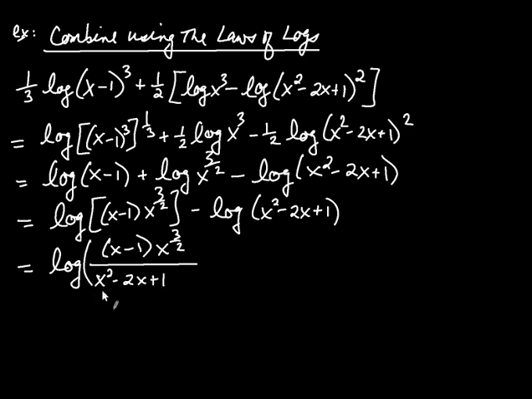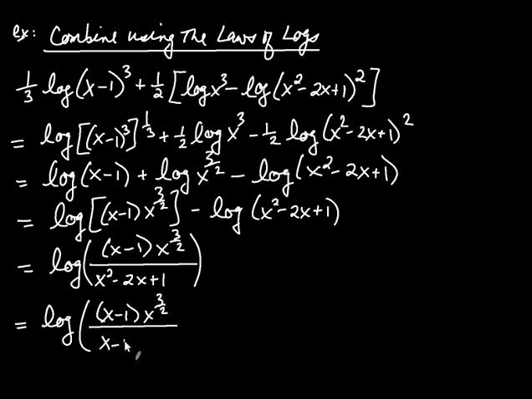Let's put a parenthesis on there so we know what we're taking the log of. Of course, this can be factored. The numerator stays the same, x minus 1 times x to the 3/2, and the denominator can be factored as x minus 1 squared.